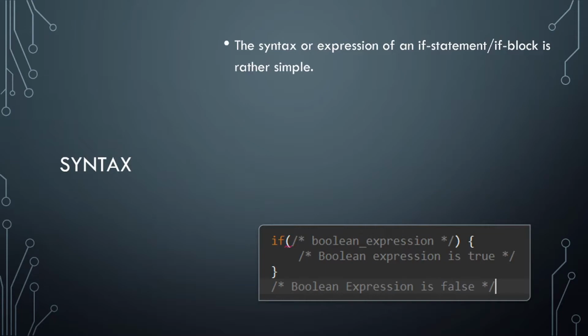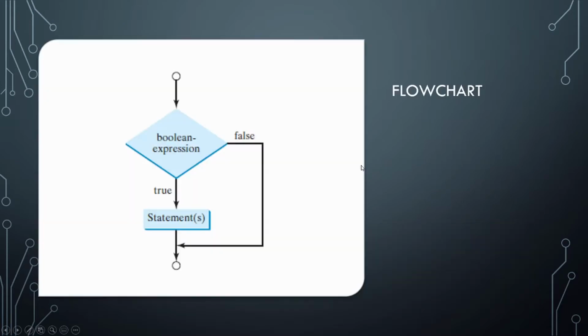Now, if statements can be very powerful. For example, this is the flowchart of it. Imagine we're coming in from the top and we're stepping down our code line by line, and we hit this Boolean expression, and the Boolean expression happens to be false. Well, if we take the false line, we skip over any statement that if statement would have had, and we continue stepping on further.